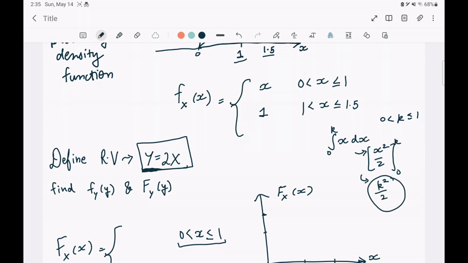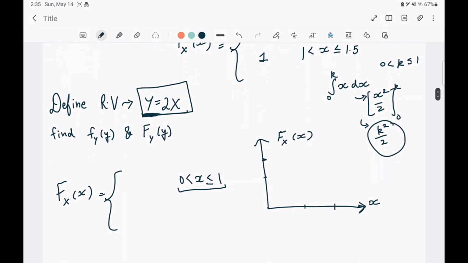So this behaves in a quadratic manner. If small k is some value x, this would behave like x square by 2 in the range 0 to 1. I also forgot an integration constant c. So let's say I have this value c.